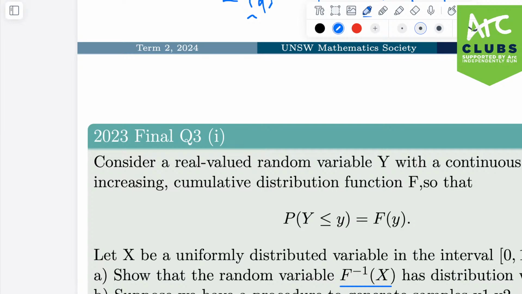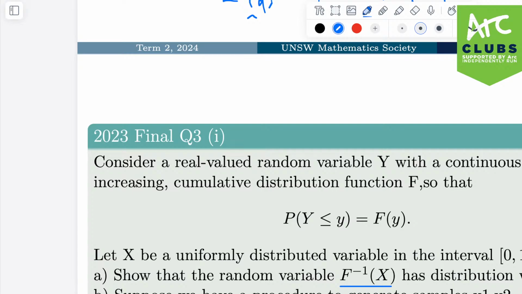By definition, this is the CDF of F inverse of X. Because F, as a CDF, is monotonically increasing, if I apply F on both sides of my inequality, the inequality will still be true.